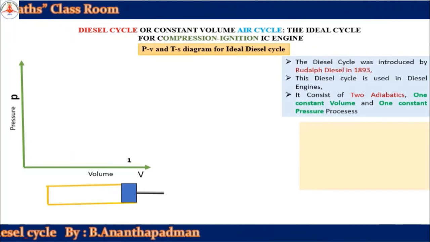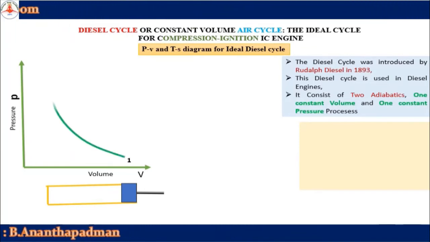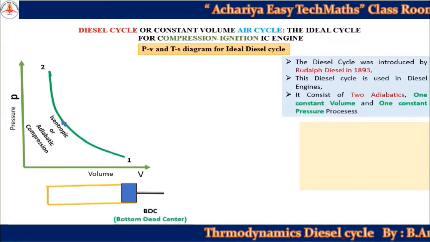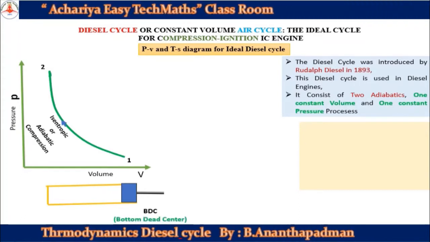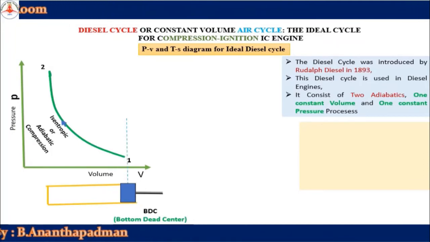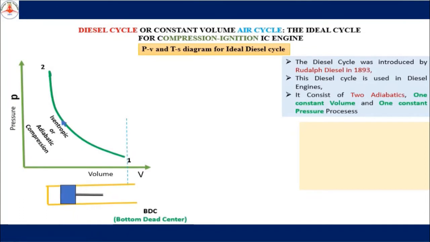From 1 to 2 process, isentropic or adiabatic compression. The piston from bottom dead center is compressed up to TDC, that means top dead center.